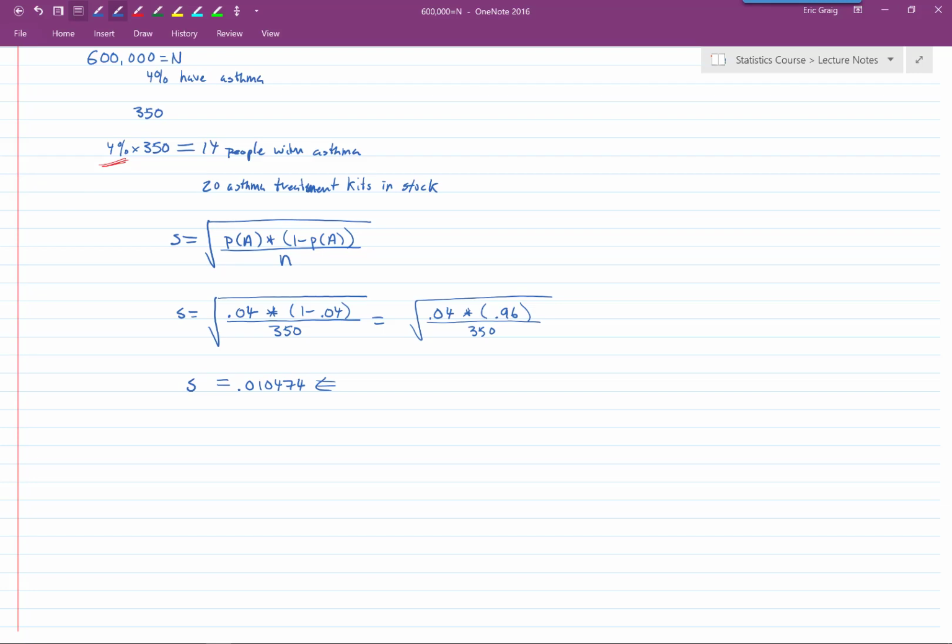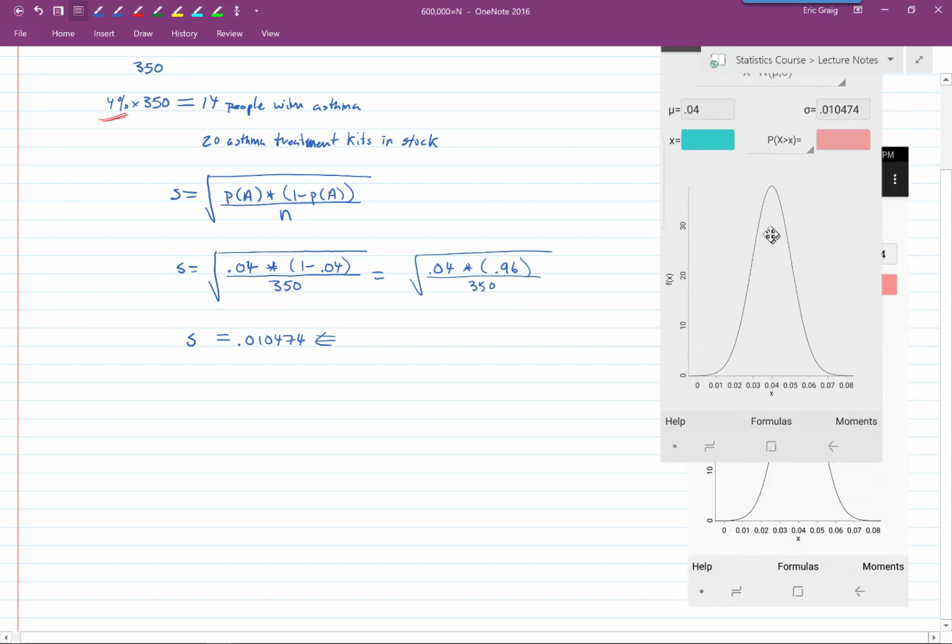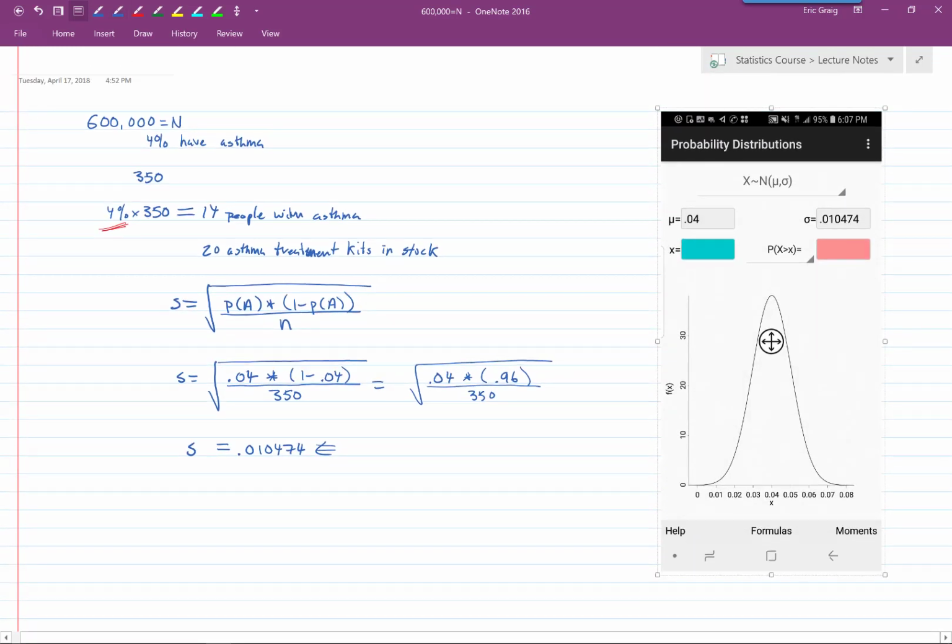We just need to whip out our handy dandy calculator, which I'll do by showing you a screenshot of it that I transferred in over my phone. So we have this 4% that is over there, and we have this standard deviation, and that comes from over there.